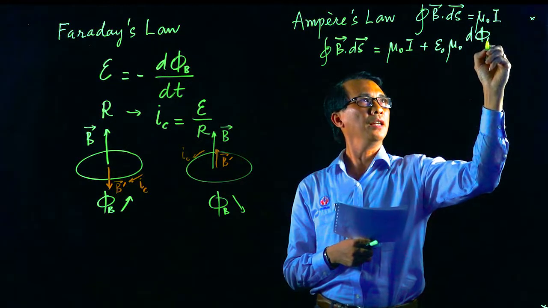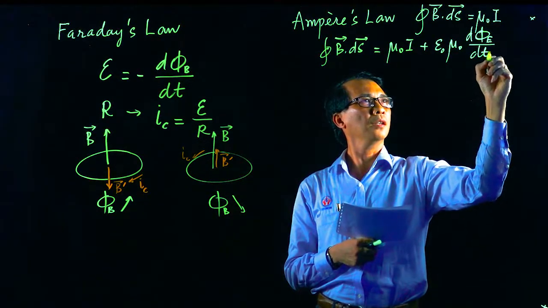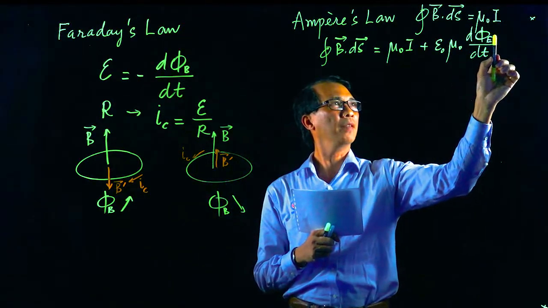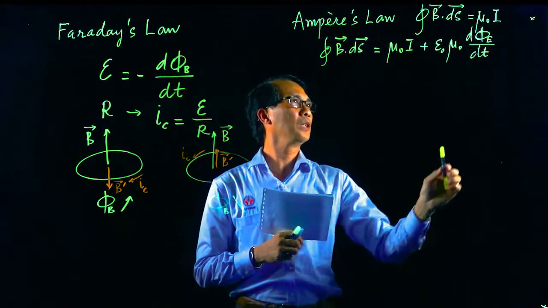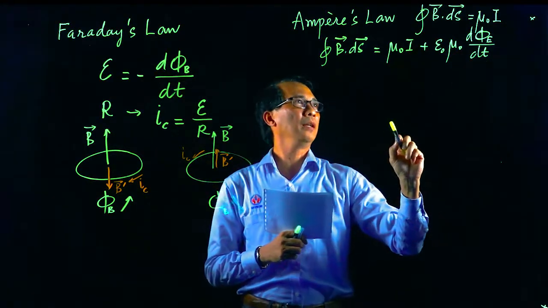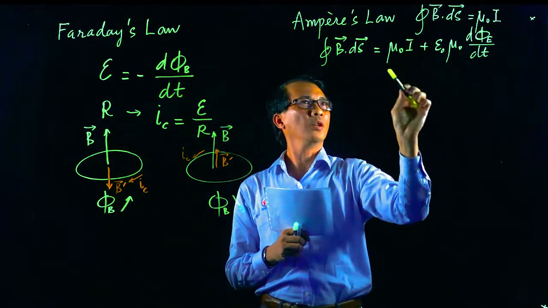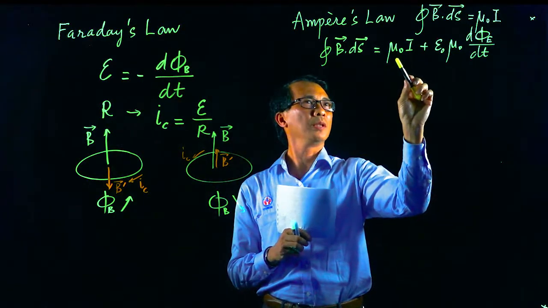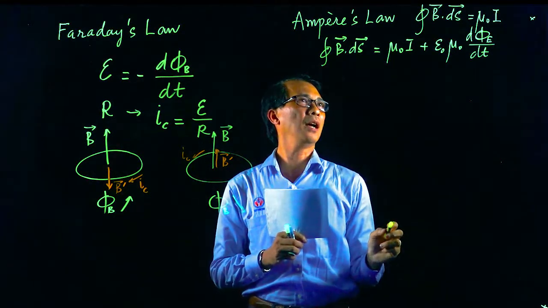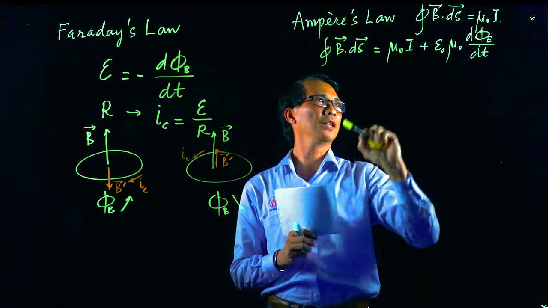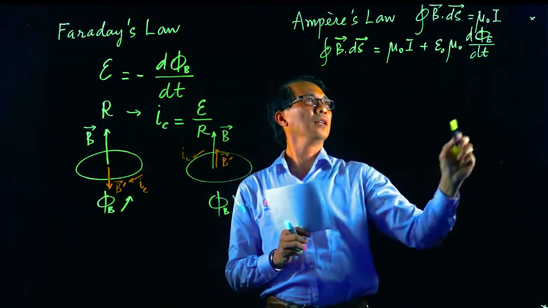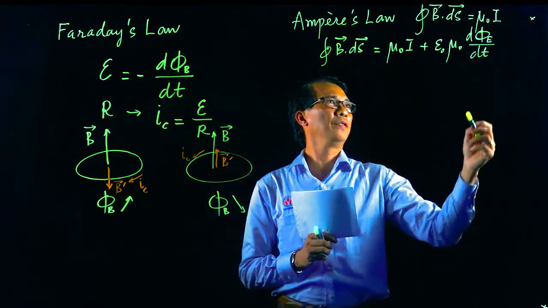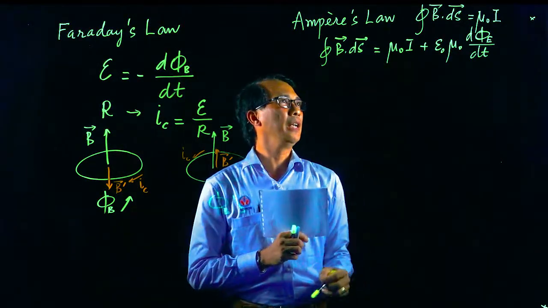This is d phi E over dt. You will see here in this term we have the flux of the electric field through some area, and when we don't have the normal current, the current by the motion of charge like free electrons in the conductor, then when we have a changing electric field, we also have a magnetic field.